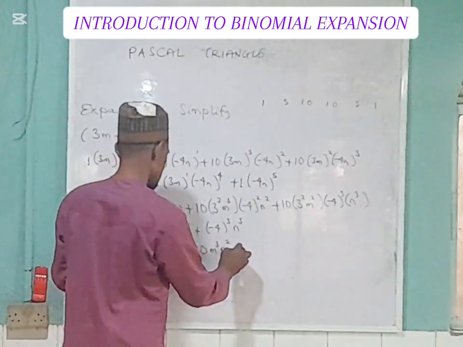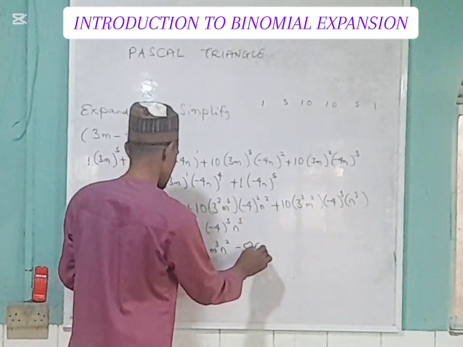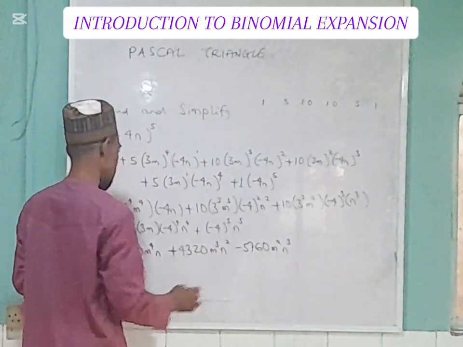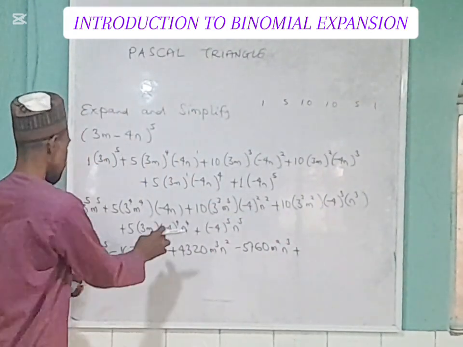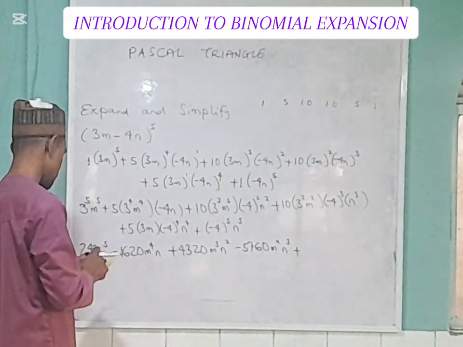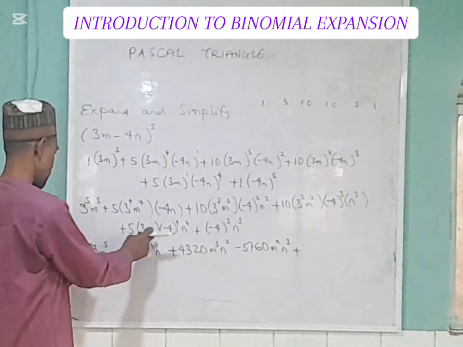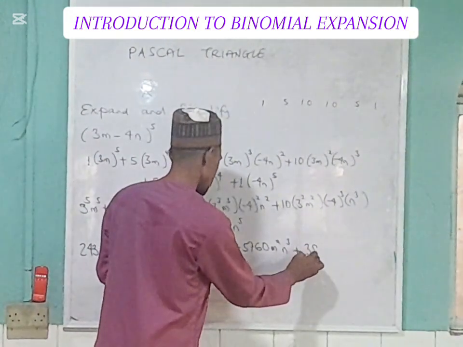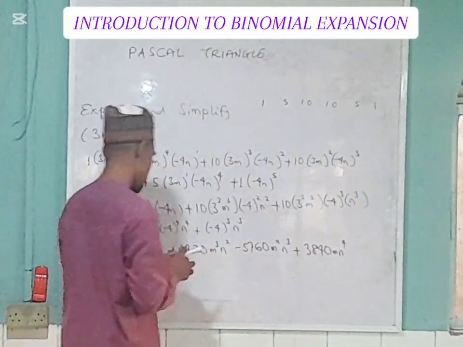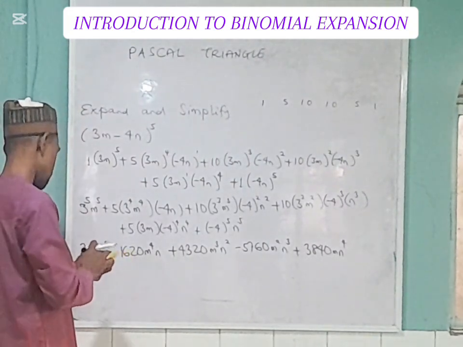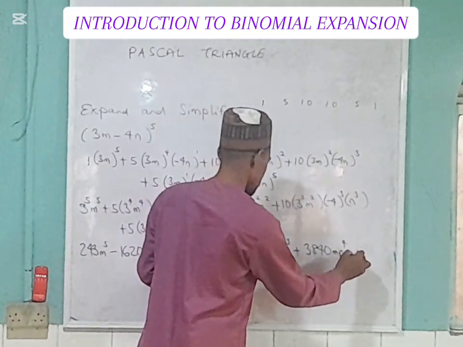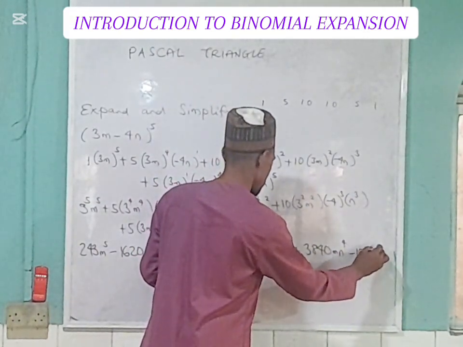That gives us minus 5760 m squared n cubed. Then plus here 4 power 4 is 256 there. So you have 256 by 15, which is 5 times 3, so you have 3840 m n power 4. And lastly, we've got minus 4 to the power of 5, that is minus 1024 n power 5.